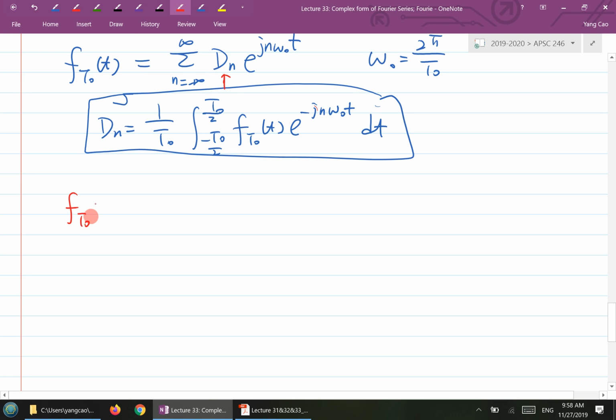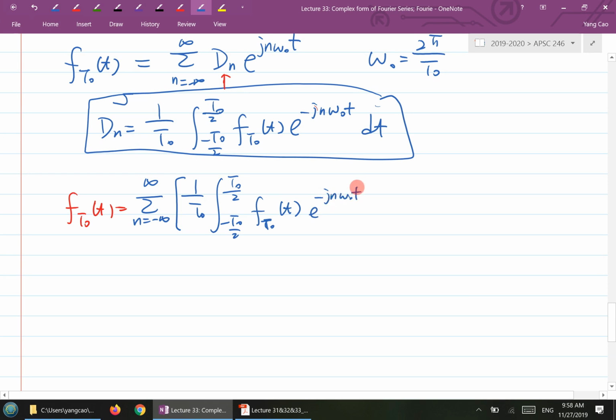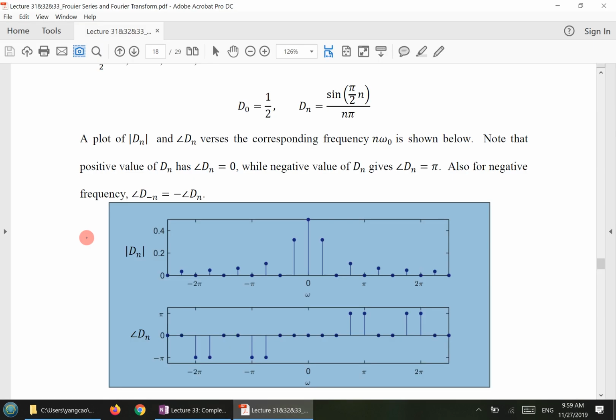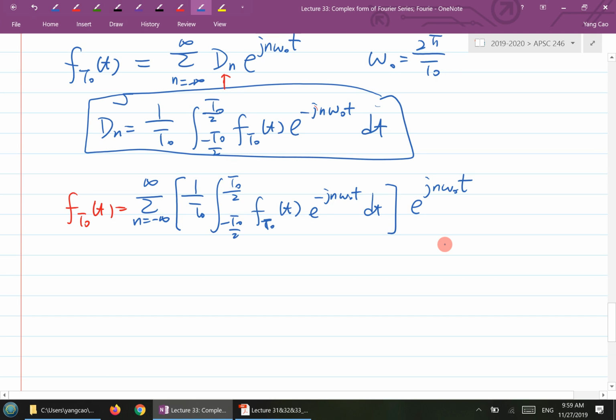So f of t naught t equals the sum of dn times e to the j n omega naught t. So overall, this is what the periodic function looks like after substituting it in.